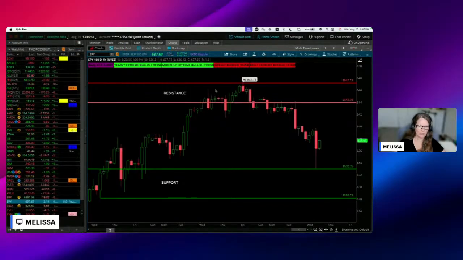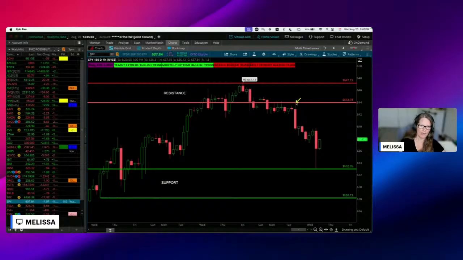Back here, it looks like last week we would have established this zone as resistance. That meant each time price rallied up into this resistance zone, it was an opportunity to go short the market or play the bounce to the downside.